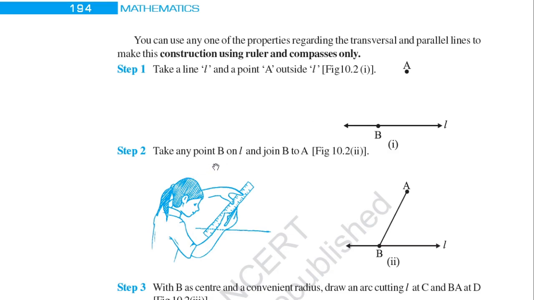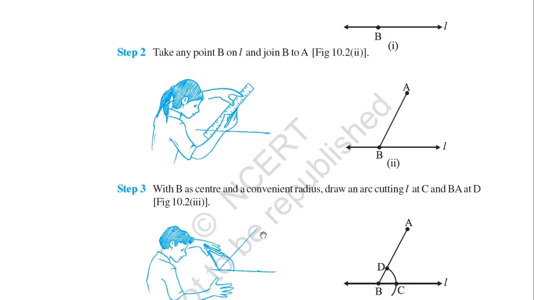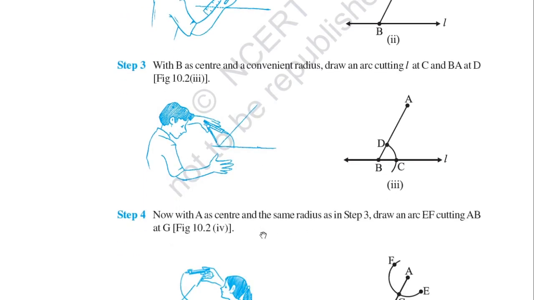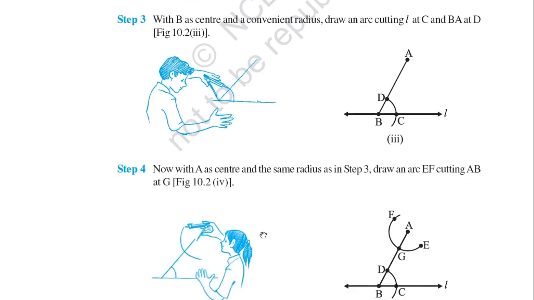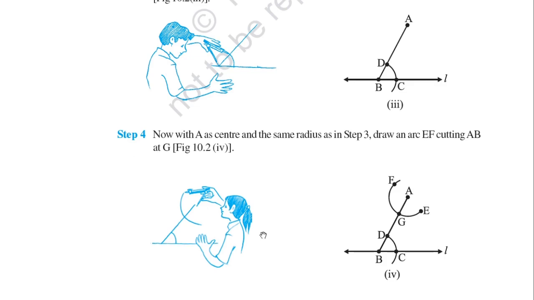Step 2, take any point B on L and join B to A. Step 3, with B as center and a convenient radius, draw an arc cutting L at C and BA at D. Now step 4, with A as center and the same radius as in step 3, draw an arc EF cutting AB at G.